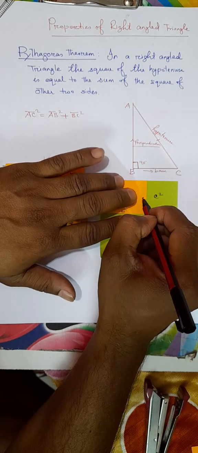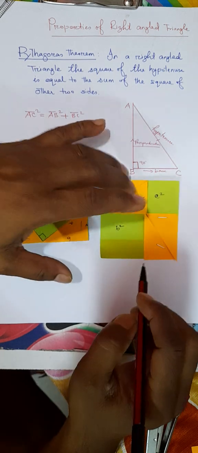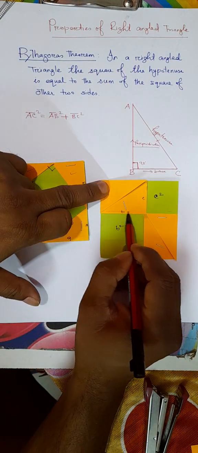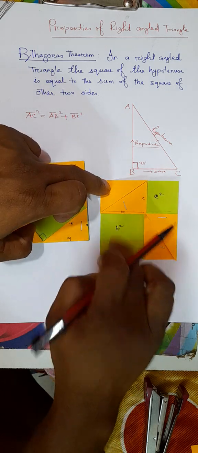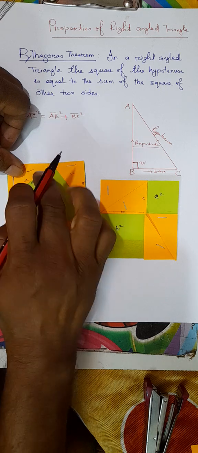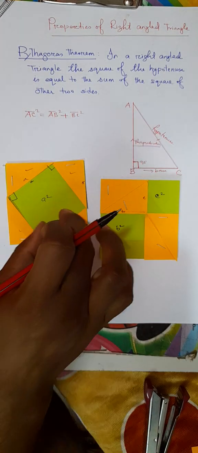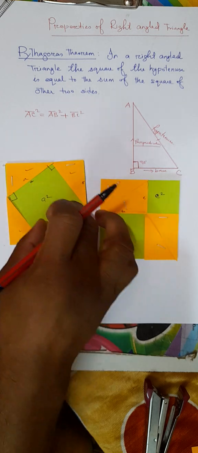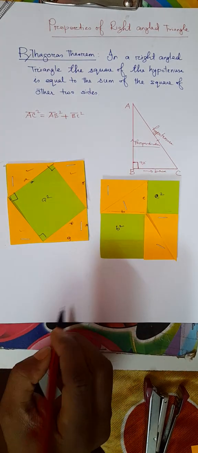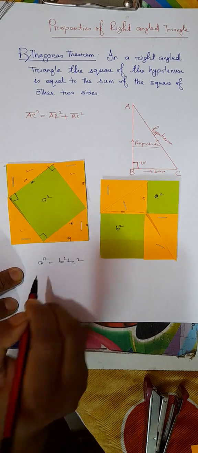Now this side was originally c, so area of this square is c square, and this side was originally b, so area of this square is b square, and this side was originally a, so area of this square is a square. Now you see, the left out area which is not yet covered by triangles in both cases are same. That means a square equals b square plus c square.